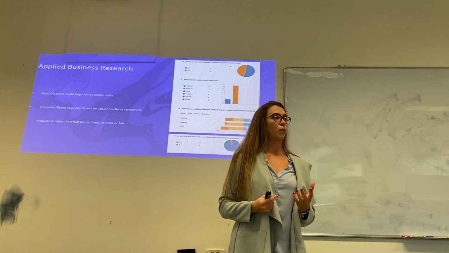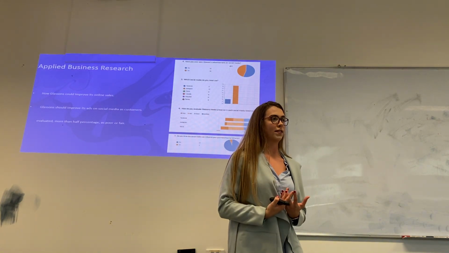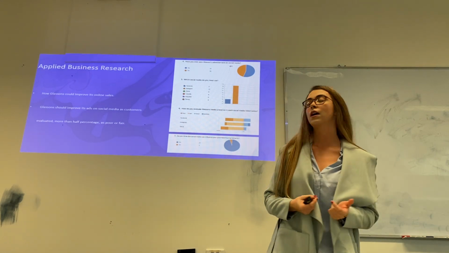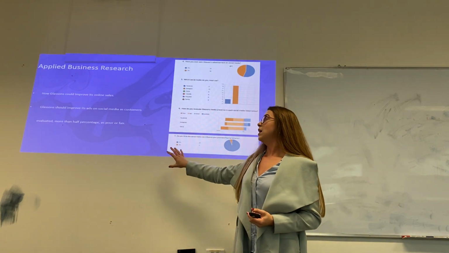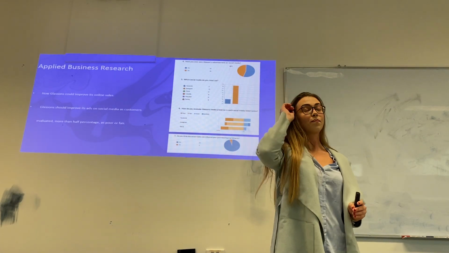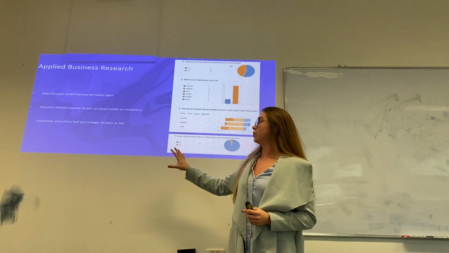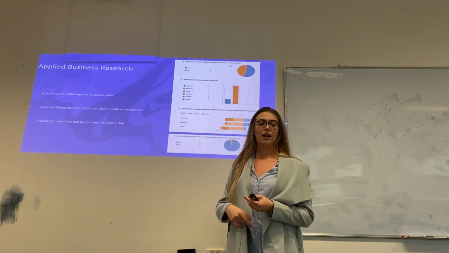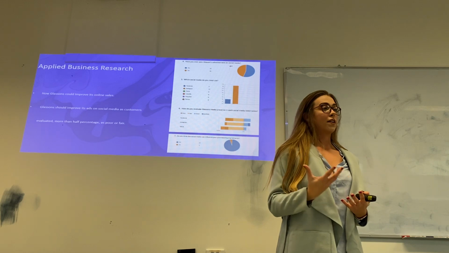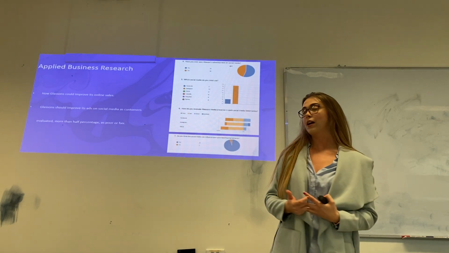So the problem that we were trying to understand more is how Glassons can improve its online sales. And what we get from our survey is that the customer thinks that Glassons doesn't do enough advertising on social media.